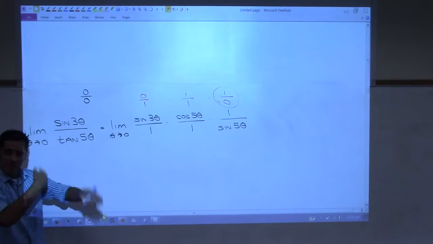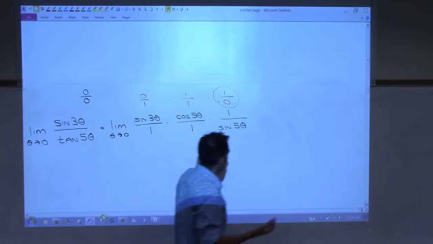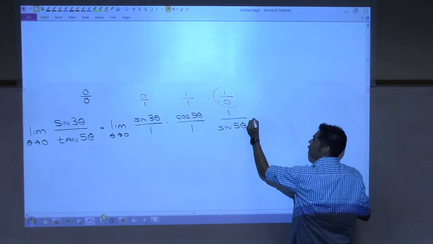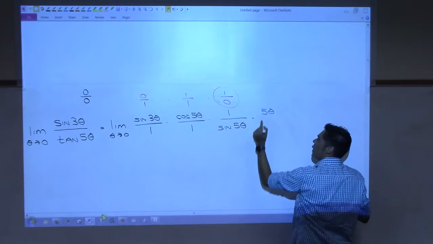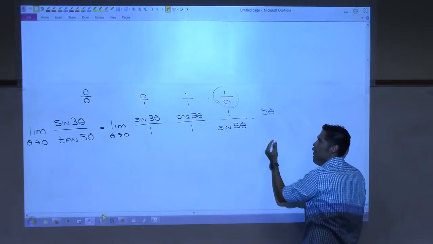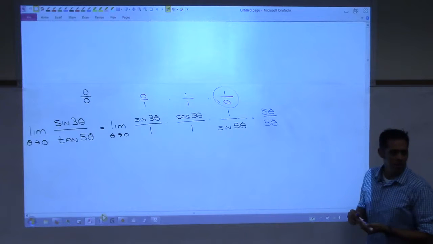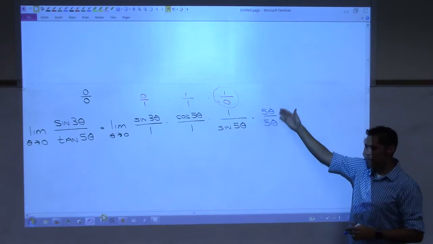Or if it's upside down, it'll still go to 1. So what I did was, other than we just have to be clever, we have to introduce a 5 theta that we can put on top of this so that it'll look exactly the way we need it. And then you have to do 5 theta on the bottom also, just because what you do to the top, you have to do to the bottom. That's 1.